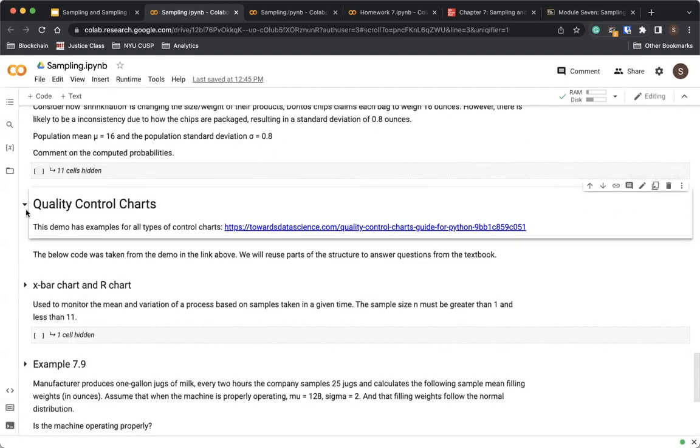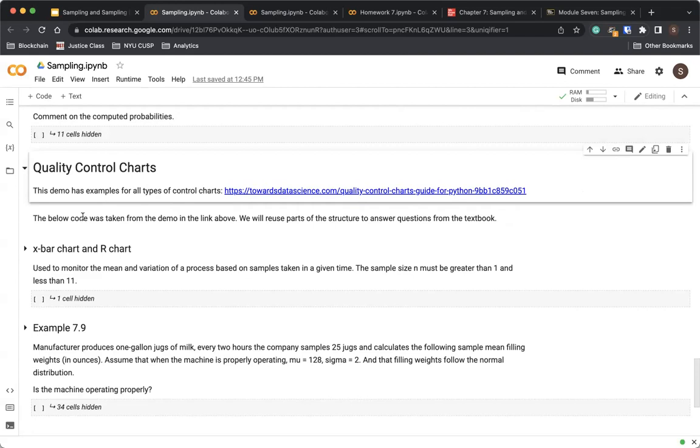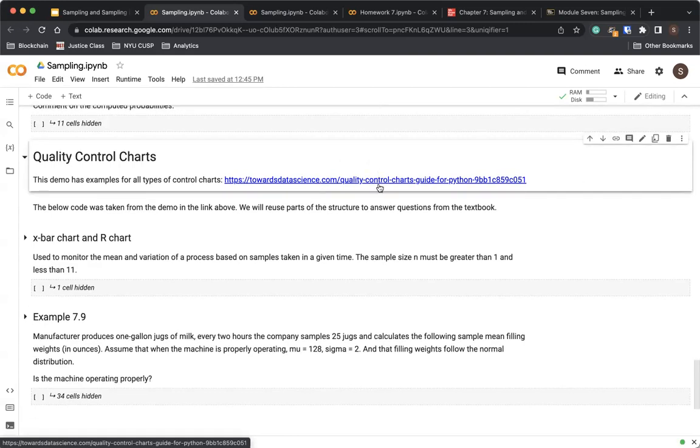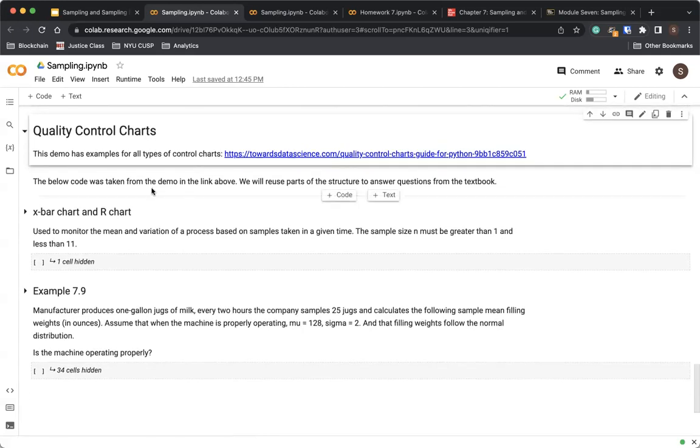So we are now up to this quality control. Sometimes I just find interesting articles on Towards Data Science that I want to share with the class, because this one gets into all of the different ways you would do quality control. And again, if you find this to be a helpful thing that you might want to bring to work or something like that, I would recommend doing more research on it, because these are all the other scenarios you might come across.